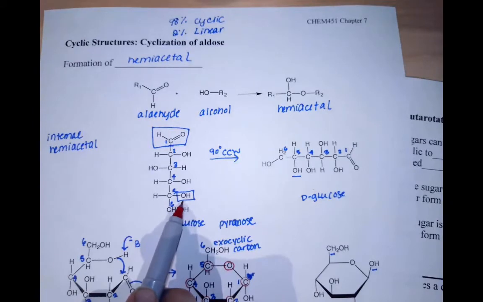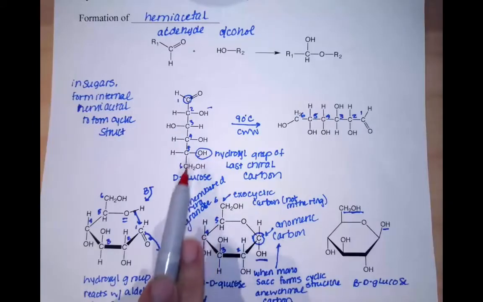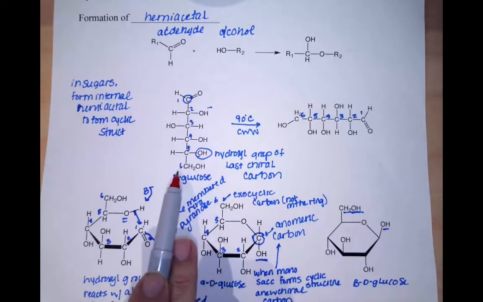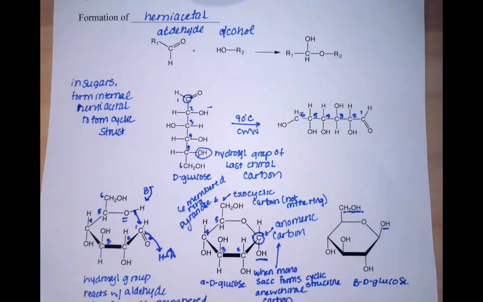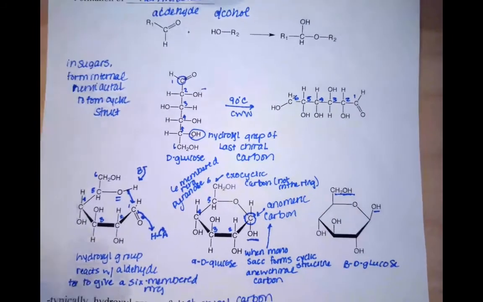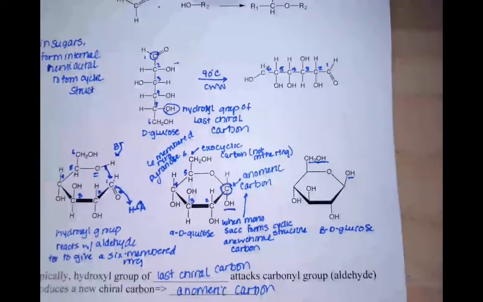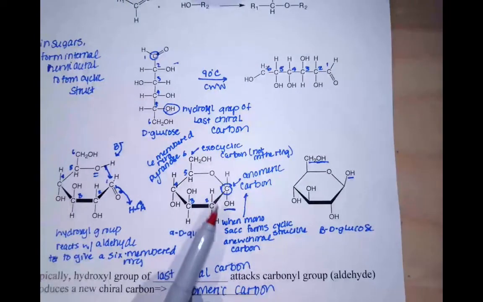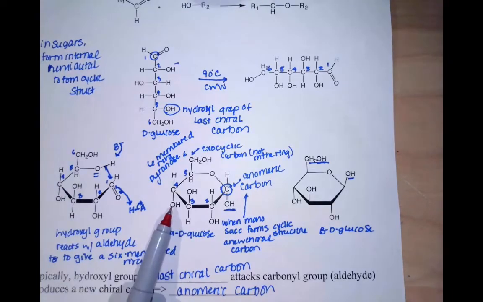We don't count carbon number 5 because it's attached to the last chiral carbon. We don't count carbon number 6 because the hydroxyl group is actually not left or right because it's not a chiral carbon. And if we look at the glucose at carbons number 2, it's down, up, and down.